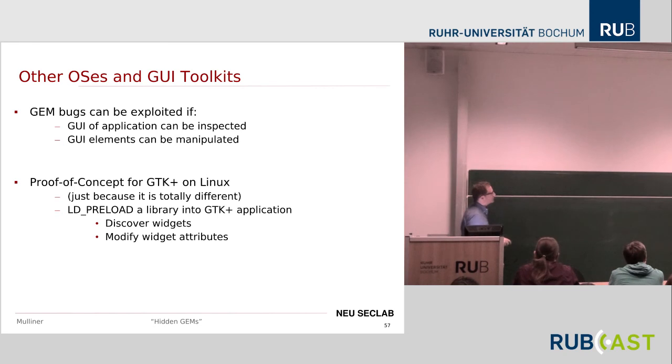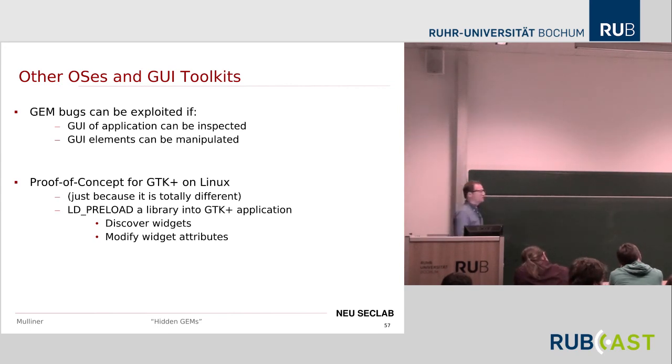We did a small proof of concept for GTK where I wrote my own application, and you can just use LD_PRELOAD to load a library into the application, and then you can use the GTK widget manipulation functions on top.